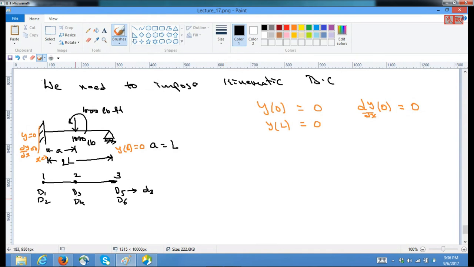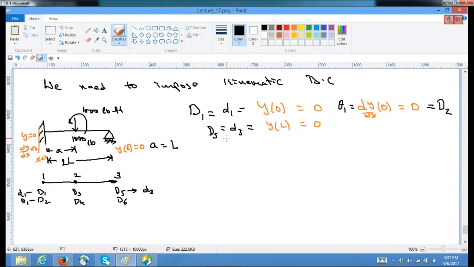And this is nothing but displacement at node 1 and theta at node 1. So this is nothing but our d1, and this is theta 1, and this is our d3. Or also these are your capital D1, this is your capital D2, and this one is capital D5. These things are 0.